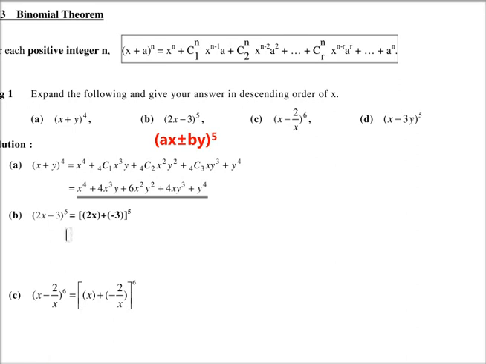First of all, once again we write down 1, 5, 10, 10, 5, 1 first. And then followed by the slogan: the first term descending order, second term ascending order.